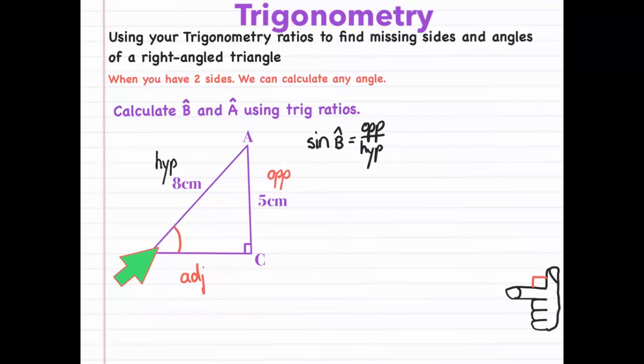And in this case, we know that our opposite side is 5 centimeters, so it will be 5 divided by, and here we know that the hypotenuse is 8, so divided by 8. So now I know that the sine of angle B is equal to 5 over 8.